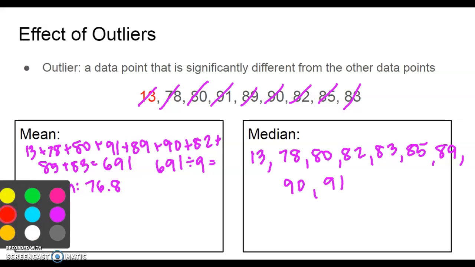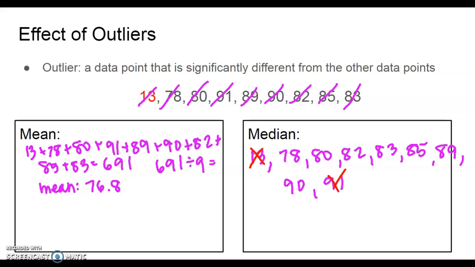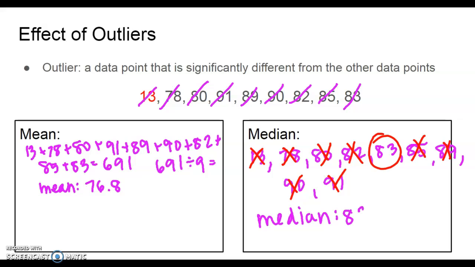Okay, I want to cross off one on each end until I get to my middle term. And this tells me that my median is 83. That is a much better measure of central tendency than mean. 83 is actually a middle point in that data, right? 76.8, my mean, was lower than the majority of my data, yet this median is right in the middle.